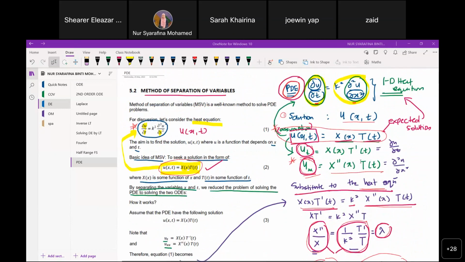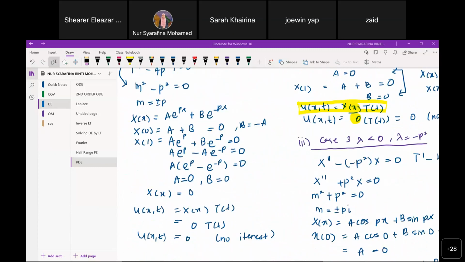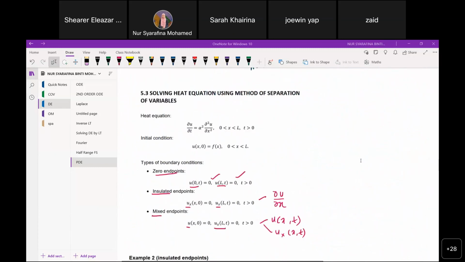All right, there are three types of boundary condition. Previously in the video, I explained the zero endpoints, where the condition only involves u(0,t) where x equals 0, and u(L,t) where x equals L, so it only involves u(x,t).